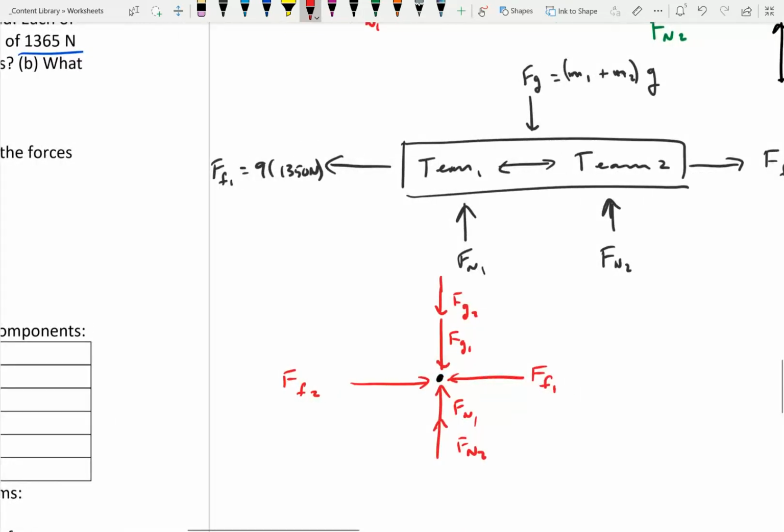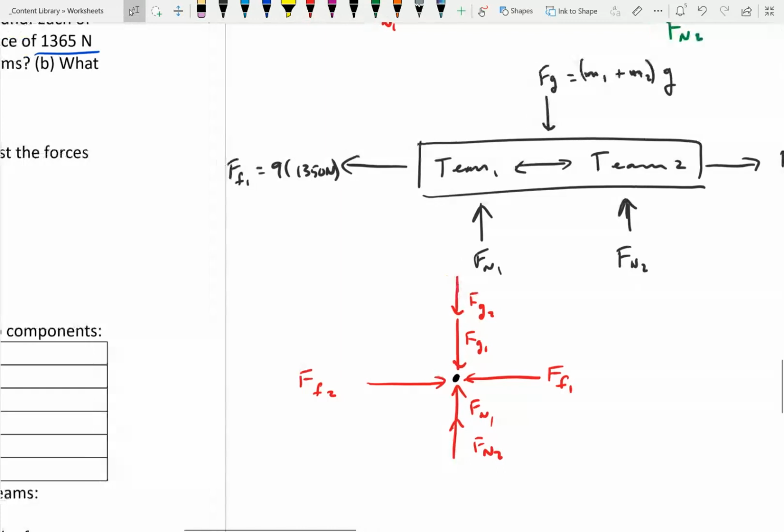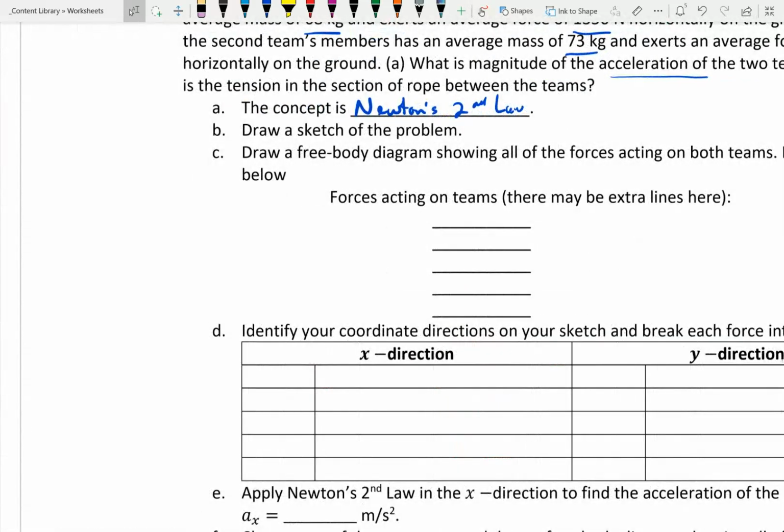So draw a free body diagram showing all the forces acting on both teams. List the forces below. The forces acting on the teams are, and so I have force gravity 1, force gravity 2, force normal 1, force normal 2, force friction 1, force friction 2, force tension 1, force tension 2, but these are internal, so they're not listed there.